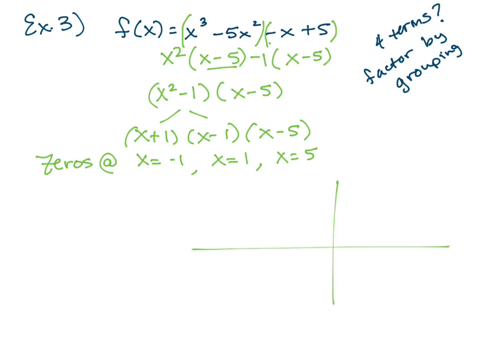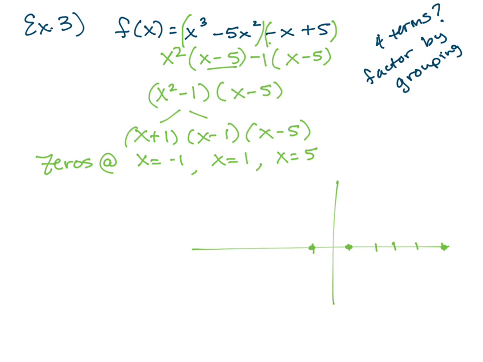I'm going to plot those. X equals negative 1, x equals positive 1, x equals 5. How about a y-intercept? Do we have one of those anywhere? It's 5. How do you know, Joseph?